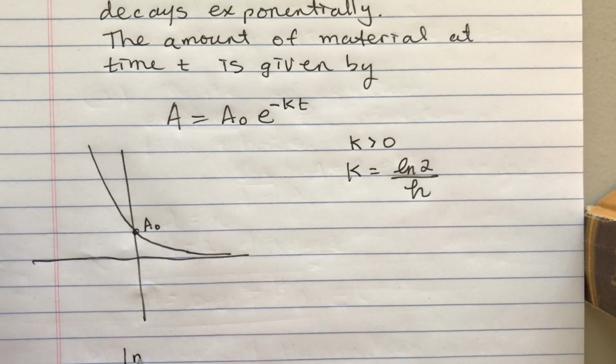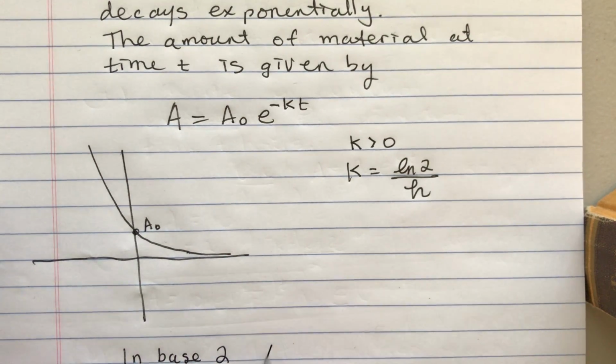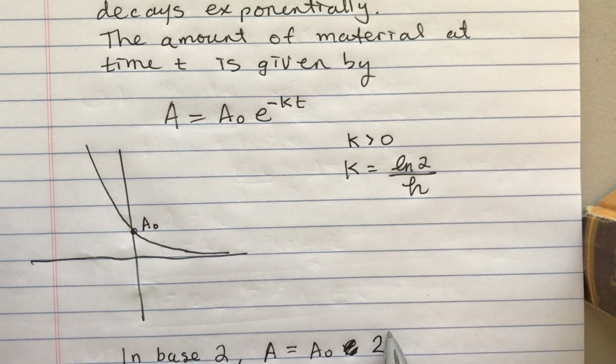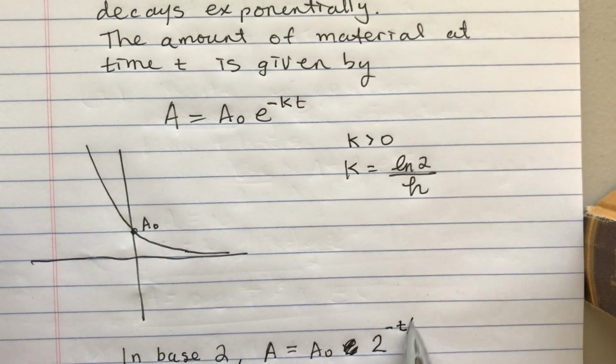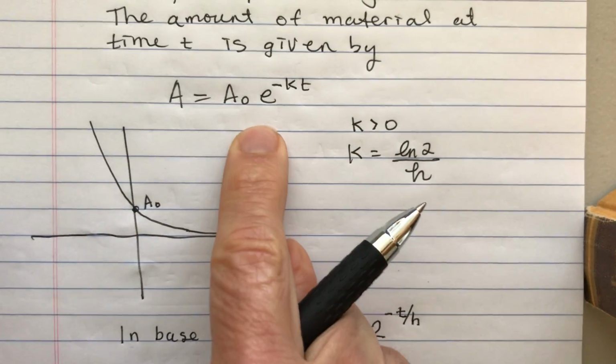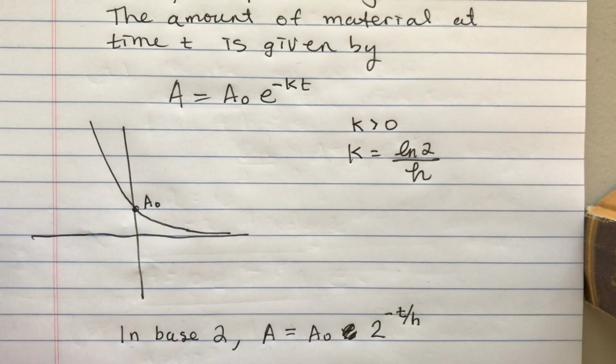In base 2, which I think is easier to understand, you're going to get A equals A0 times 2 to the negative t over h. Going from base 2 to base e, we're getting a change of base formula.